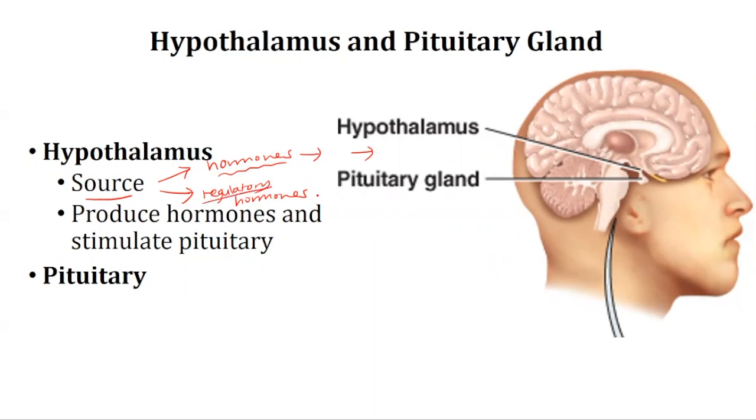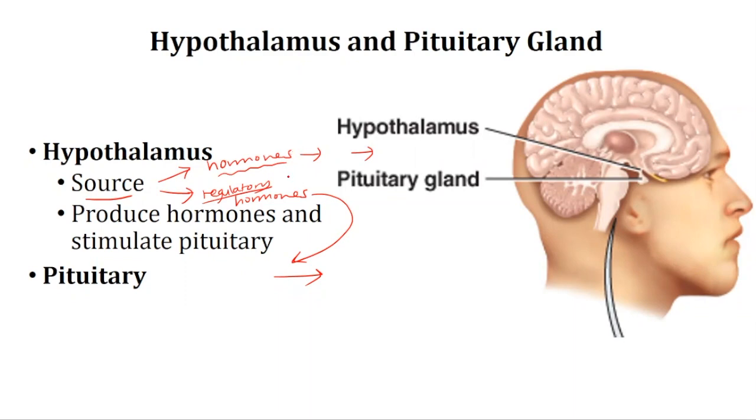And this is going to be a signal for pituitary to produce other hormones, pituitary's own hormones. Once the pituitary produces its own hormones, those go to the target organs or target glands and elicit downstream responses.